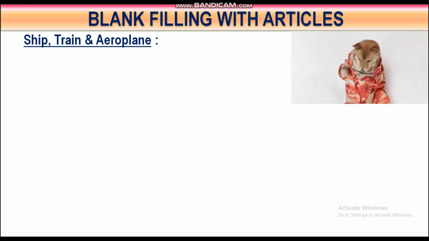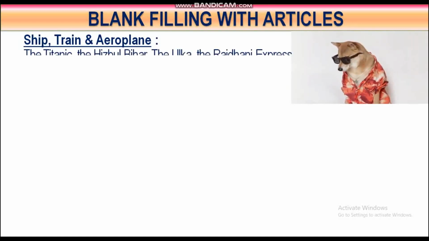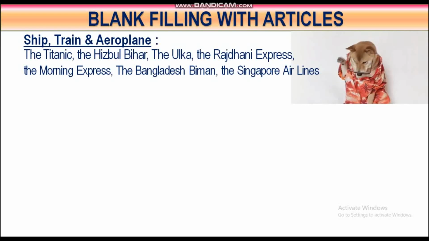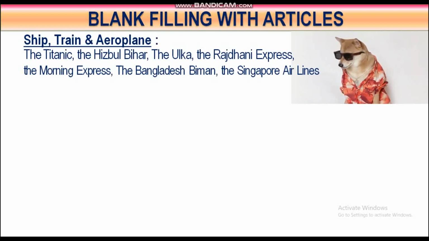Article the is used before ship like the Titanic, the Hizbul Bihar, etc. Before train such as the Ulka, the Rajdhani Express, the Morning Express, etc. Before aeroplane, for example, the Bangladesh Biman, the Singapore Airlines, etc.